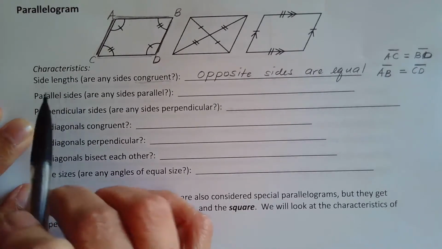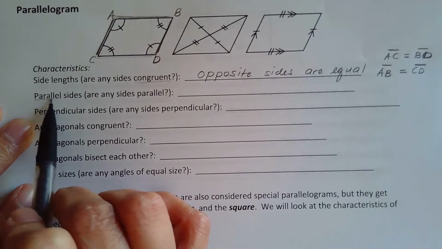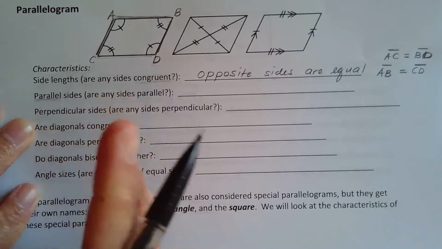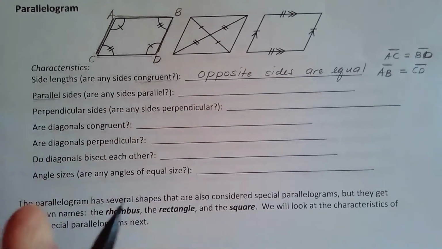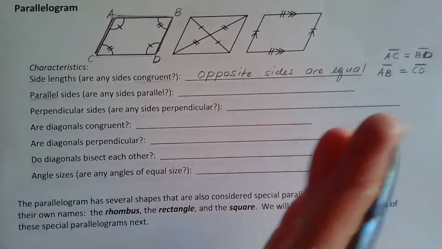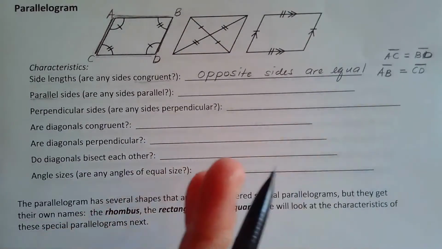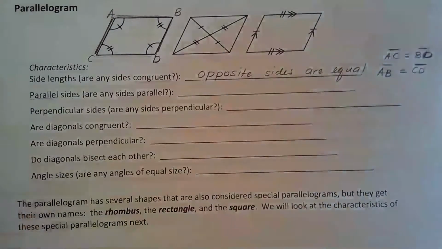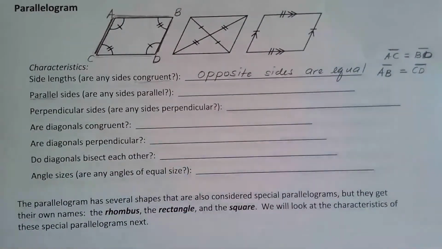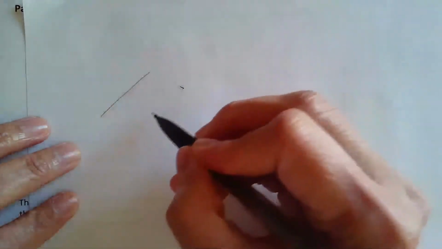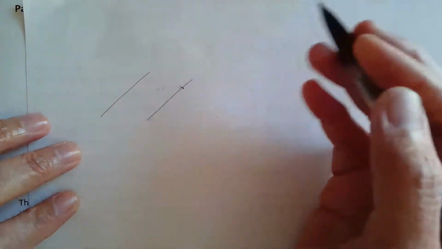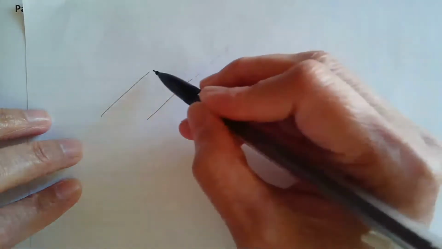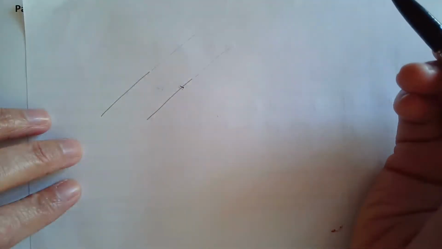Parallel sides. What does parallel mean again? Parallel means going in the same direction, just like railroad tracks going in the same direction. No matter what, if we continue on, they're not going to intersect at all.